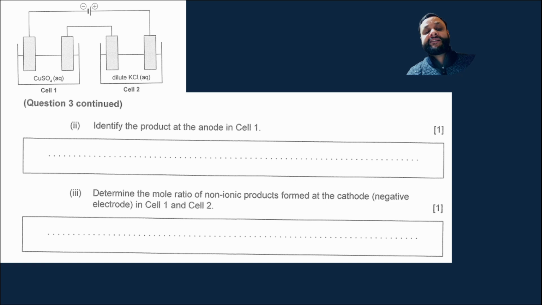Whenever we have sulfate and nitrates, they will never oxidize because sulfur and nitrogen are at their highest oxidation state. Hence the product formed at anode in cell 1 will be oxygen. So water will get oxidized.